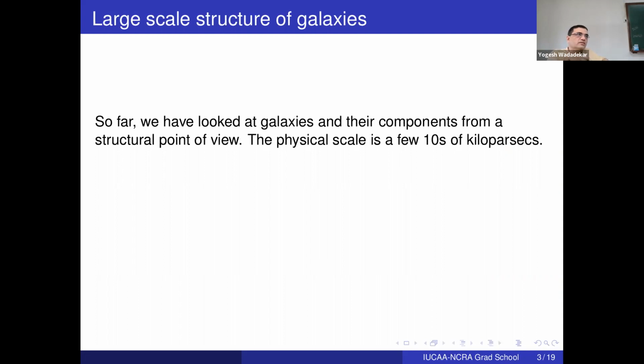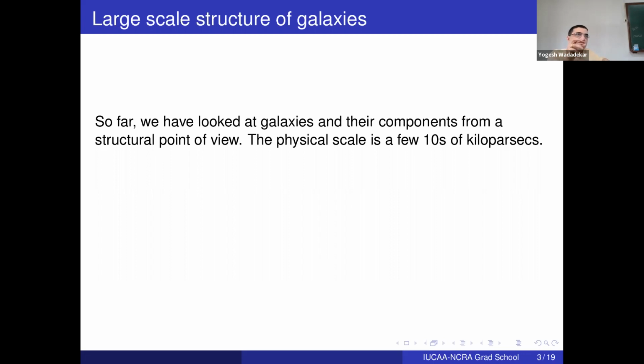But we said in the first lecture that the atomic units in the universe are atoms, stars, and galaxies. And once you come to the scale of the universe, the galaxies become the atomic units that you want to look at.